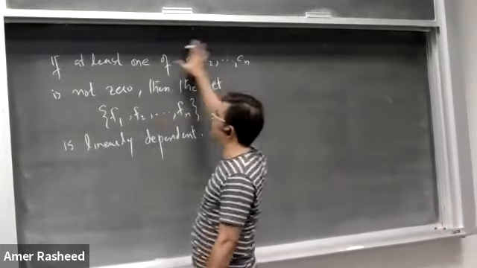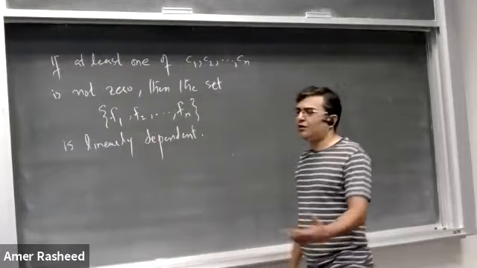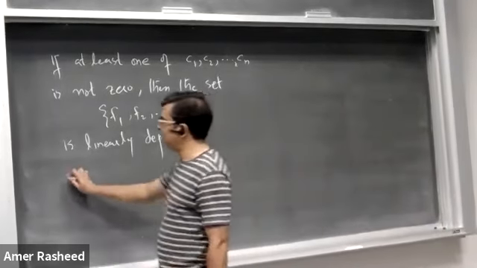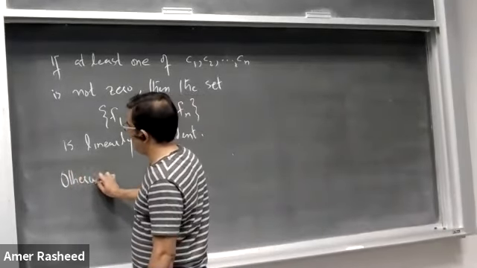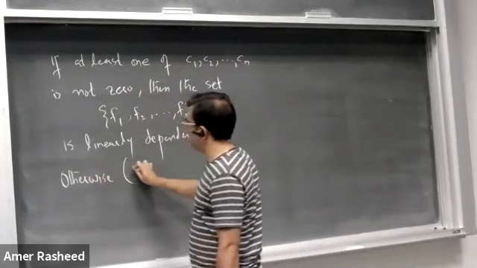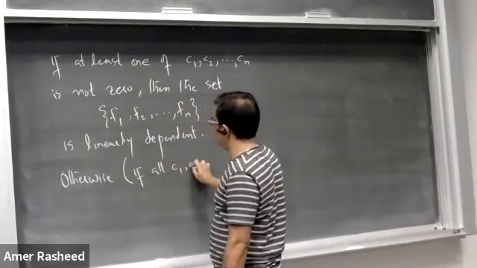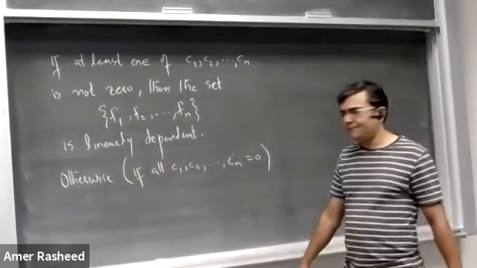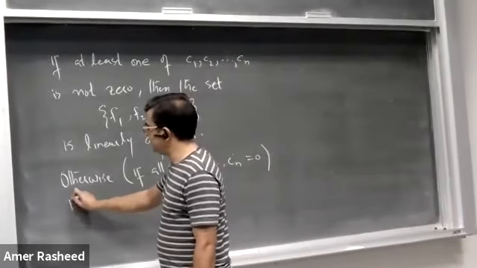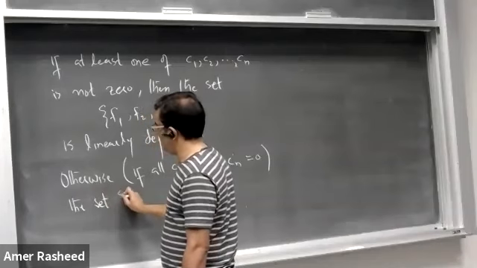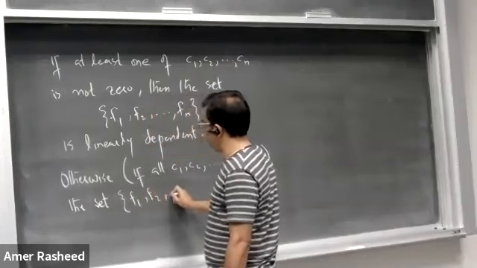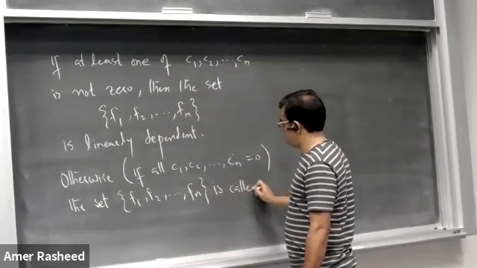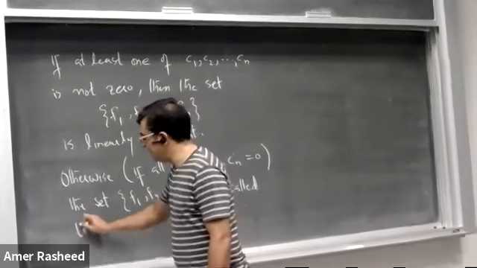Otherwise, if all of C1, C2, so on, Cn are zero for any value of x, then the set F1, F2, so on, Fn is called linearly independent.